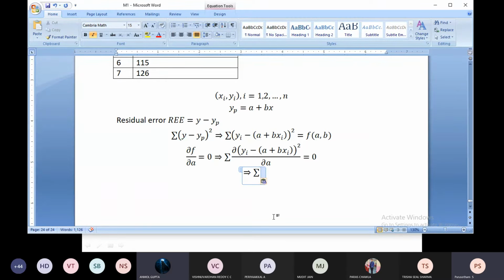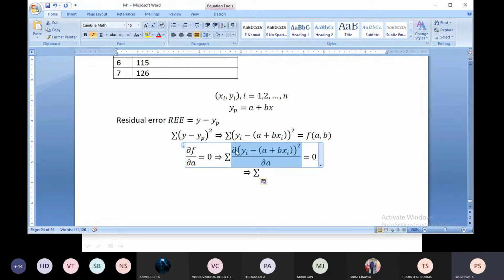Yes, sir. What is the derivative of x square? In general, 2x. Right. Now it seems to be something like the A plus Bx whole square form.